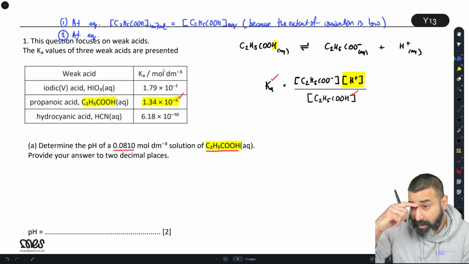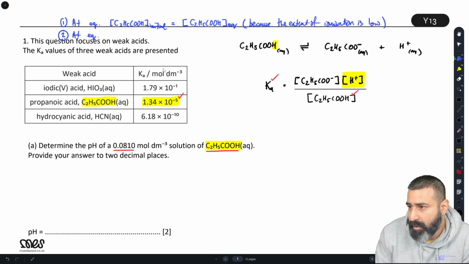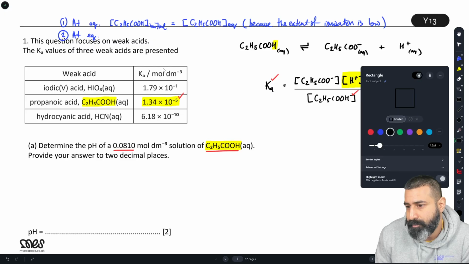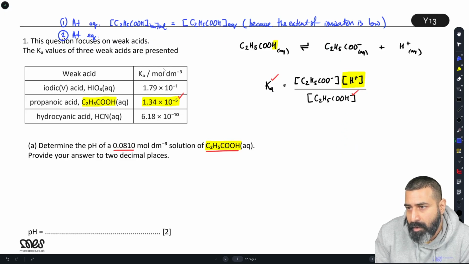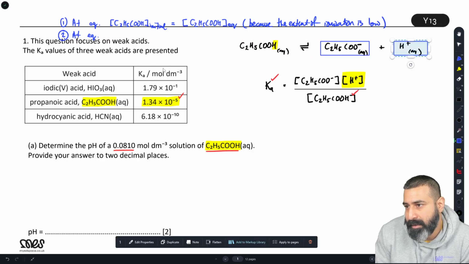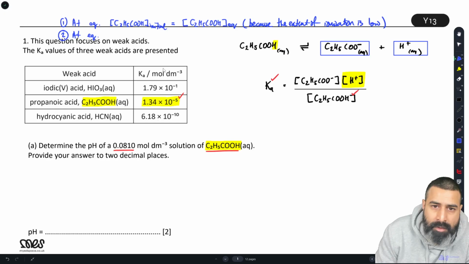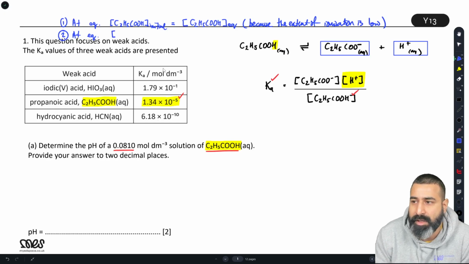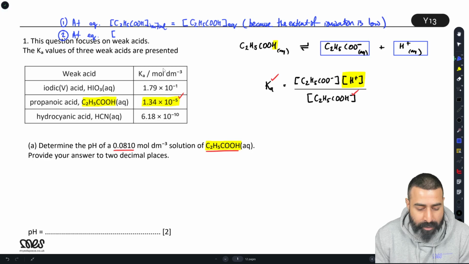Okay, what is our other assumption at equilibrium? So at equilibrium, we can assume that the concentration of the propanoate ions and the H plus ions is equal. So when this thing dissociates, we're ignoring any dissociation or autoionization of water.